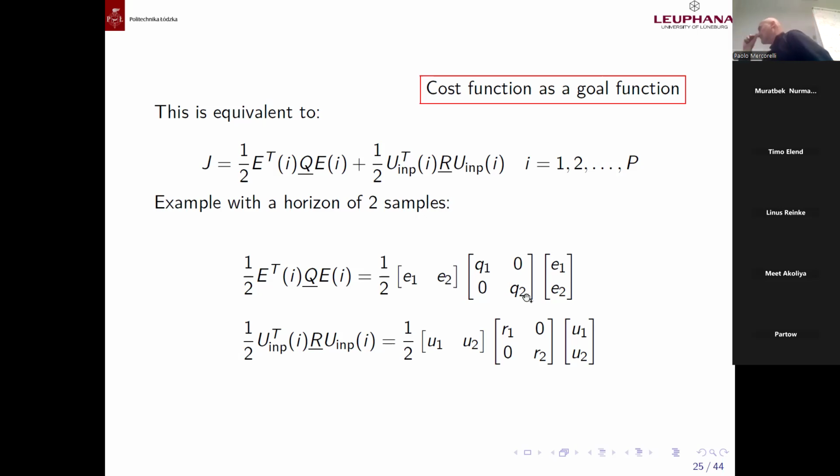This means that I am not interested in minimizing U2, clear? Because it does not appear in the cost function. If I am not interested in minimizing U2, I put Q2 equals 0, and then I will concentrate everything on E1.